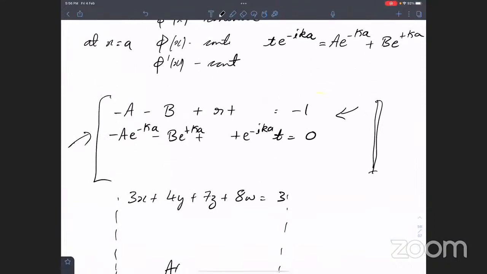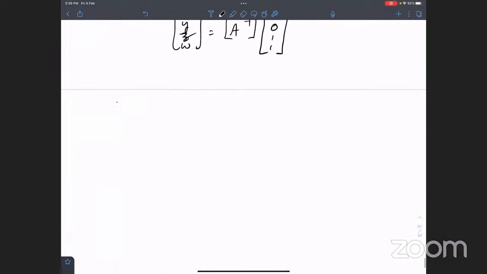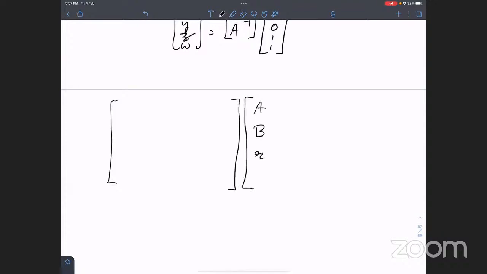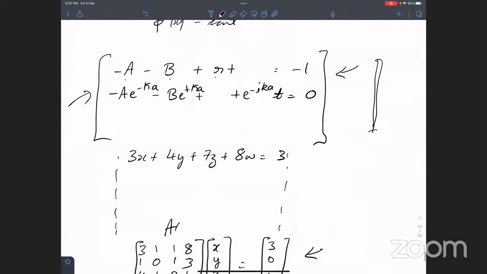I get 4 equations, and the unknowns are A, B, R, and T. So we have this 4 by 4 matrix, the unknowns are A, B, R, and T, and there will be some constants. The first constant we already found out: it will be minus 1.